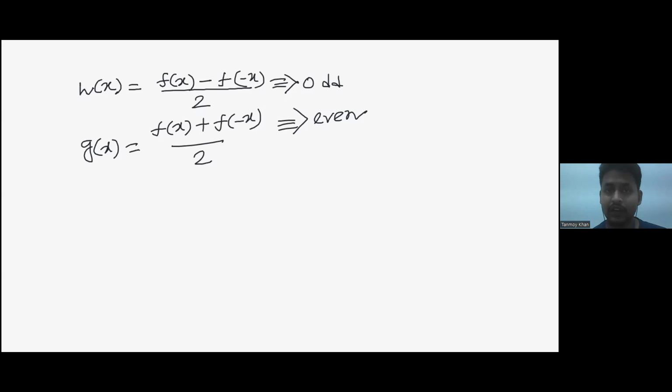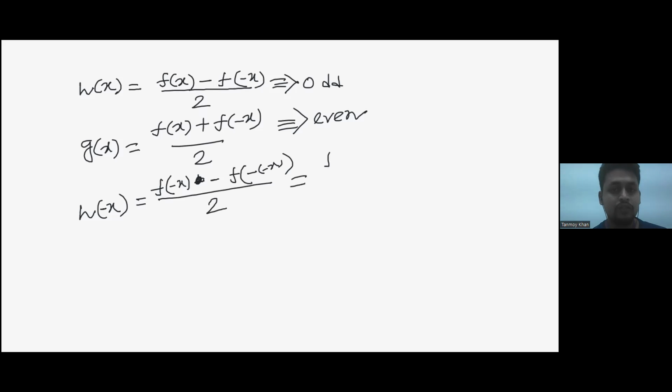Why have I written it like this? Because these are odd, this is even. Just check it. For h(x), you just put minus x here, so replace all x with minus x. So minus f of minus x, by 2.